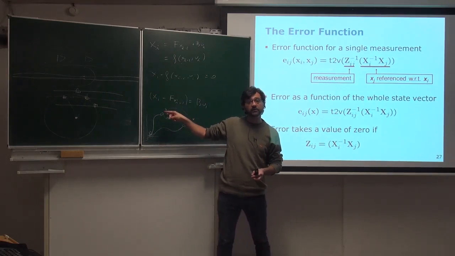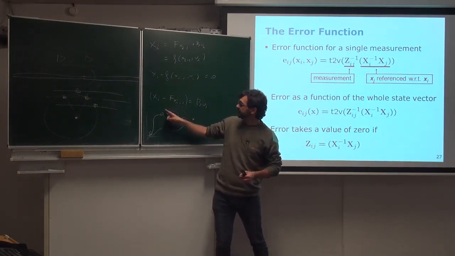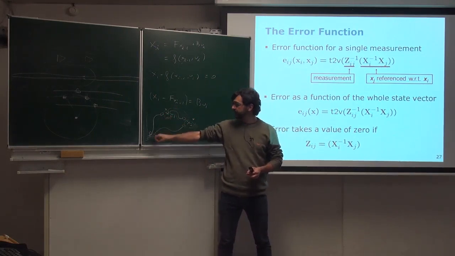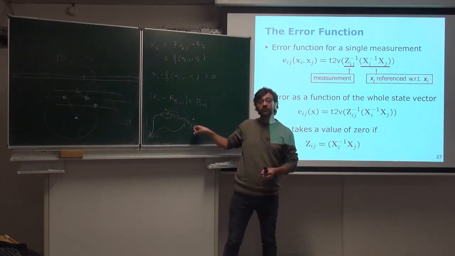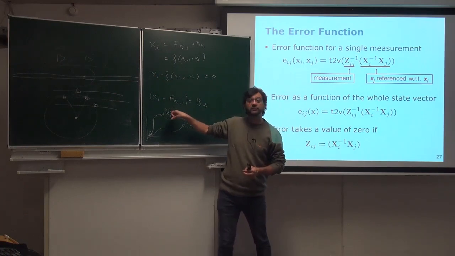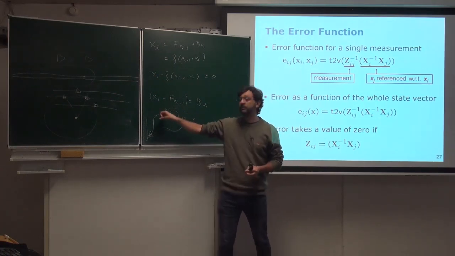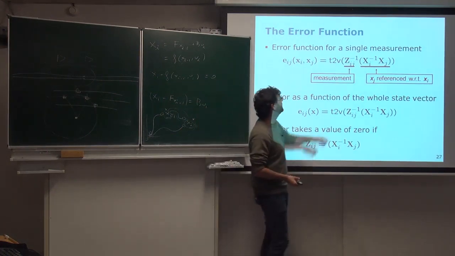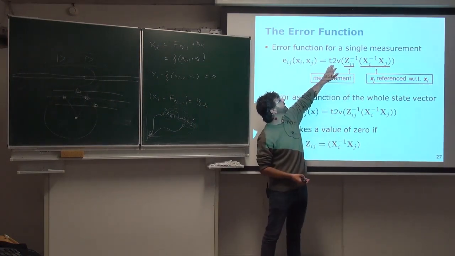That's why we invert it. Basically the idea is that whenever we do a full loop by using the poses that we have in global frame and the relative transformation, we end up in the same place, and this should be the identity transformation. Then we get it back with this function, which is transformation to vector.